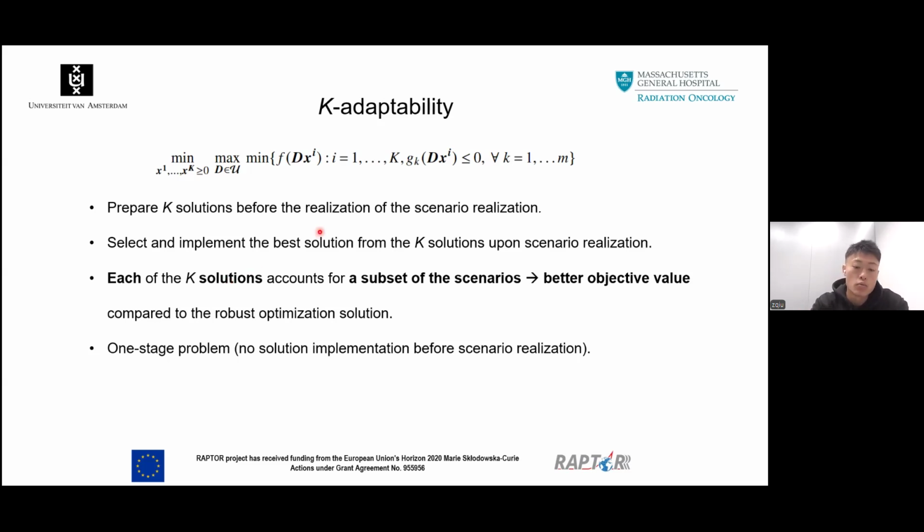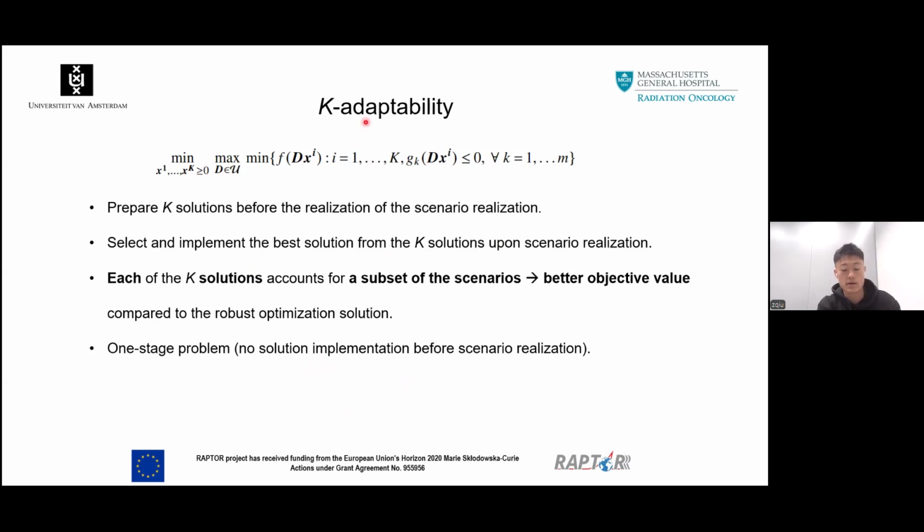So therefore, each solution will be less conservative than that solution that accounts for all the scenarios. And then when the uncertainty scenario realizes, we just pick the best solution to implement. So in the end, we can achieve a better objective value. One thing I want to mention is that normally K-adaptability is a two-stage problem.